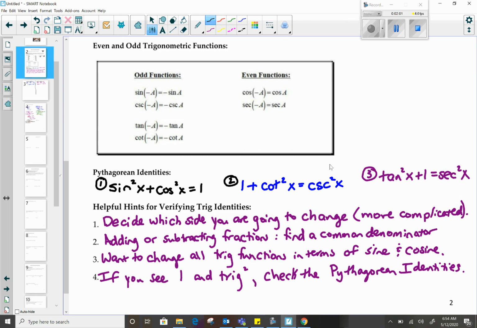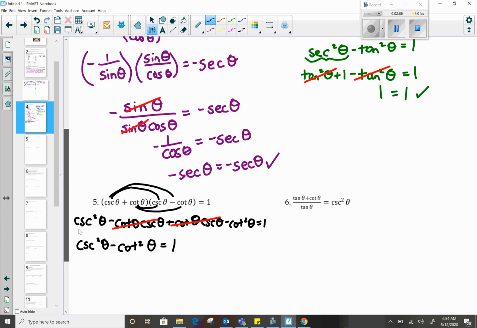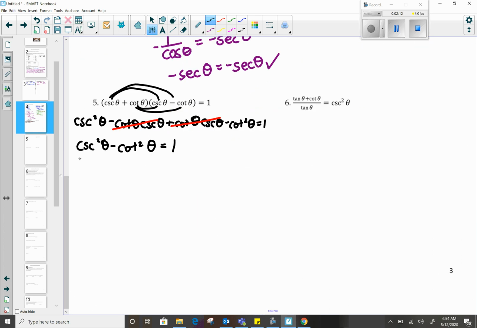So since cosecant squared is equal to this, I'm going to replace cosecant squared with 1 plus cotangent squared. Then I can bring this guy down, minus cotangent squared. And then look at cotangent squared cancels out. You're just left with 1 equals 1, which is just what we wanted.